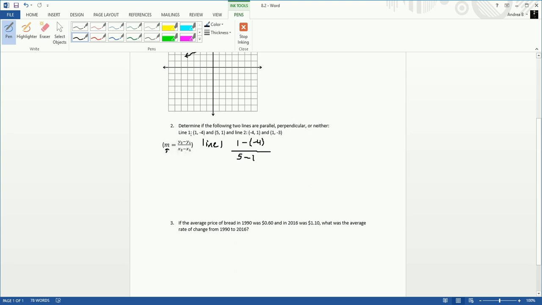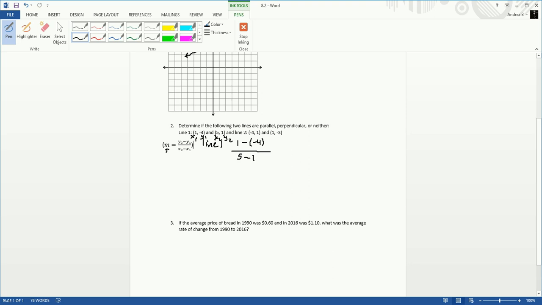So remember, once again, our x1 is our first x value, y1 is the first y value, x2 is the second x, y2 is the second y. So we have x1, y1, x2, y2 there for the first and the second points.